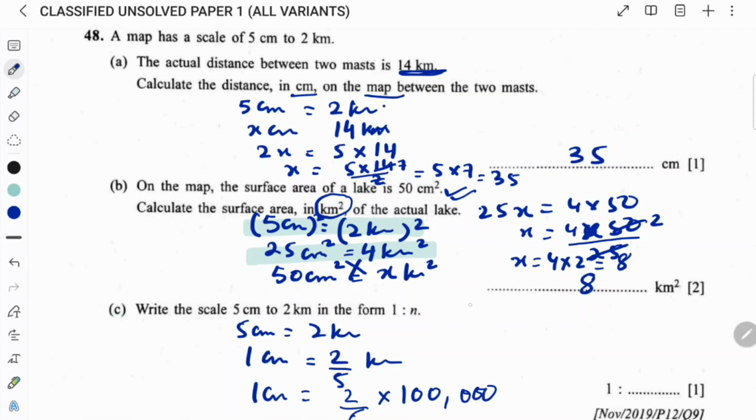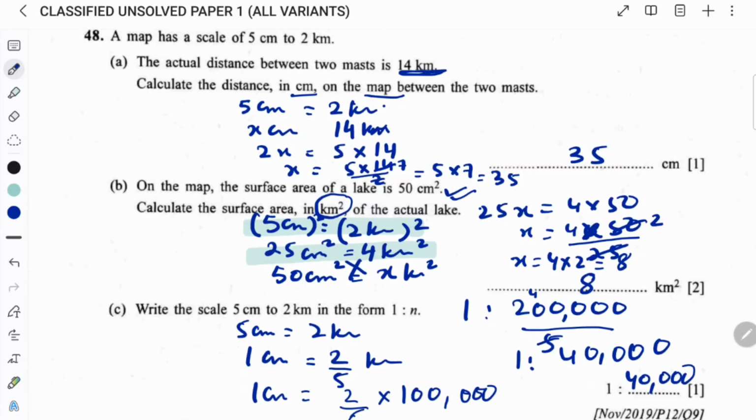So that is 200,000 divided by 5. 5 times 4 is 20, so that is 1:40,000. So 1:40,000 is the answer for this question.